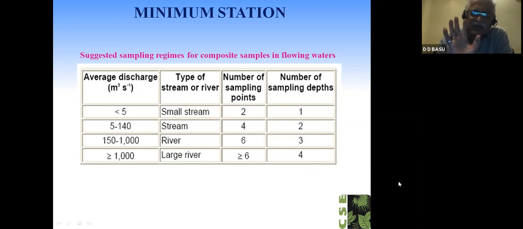But generally, I am telling you, in Indian rivers, only 1 meter is sufficient for you. That I have calculated, because most of the time the depth is very low. For a large river, the number of sampling points is 4, but I have also found 1 meter is sufficient. You take 1 meter and go. For a large river of 1000 meter cube per second, you need more than 6 stations.